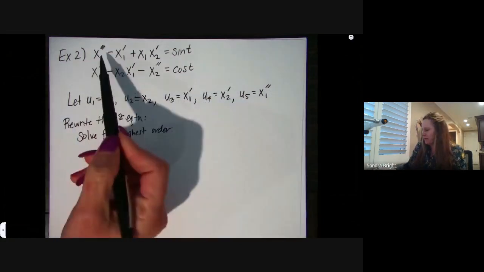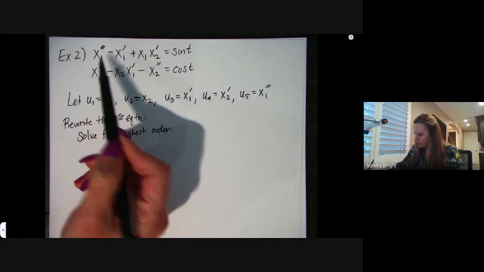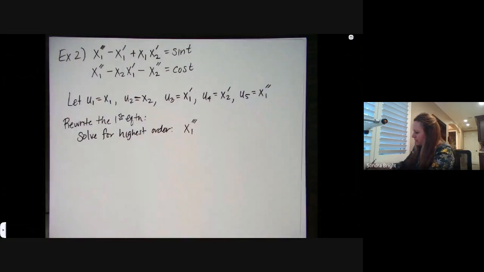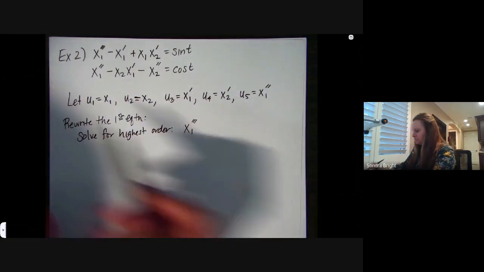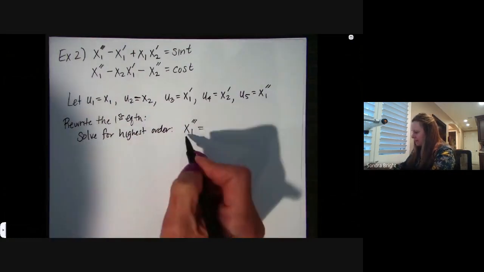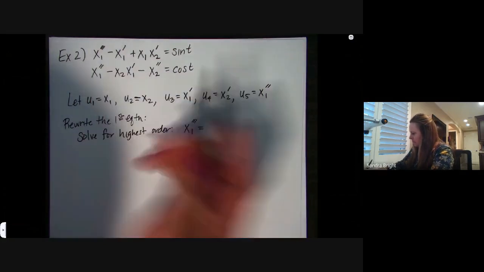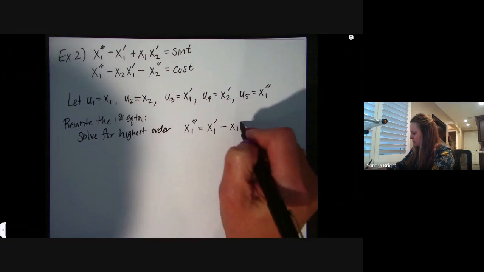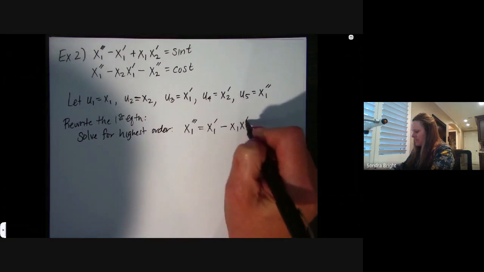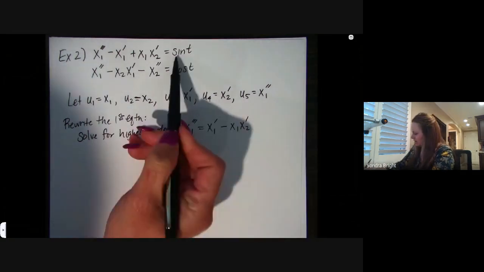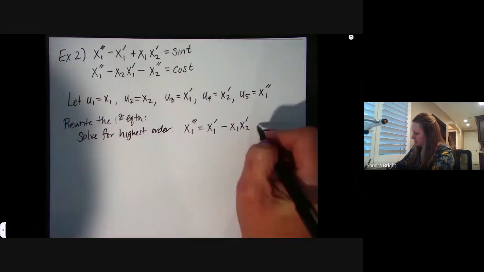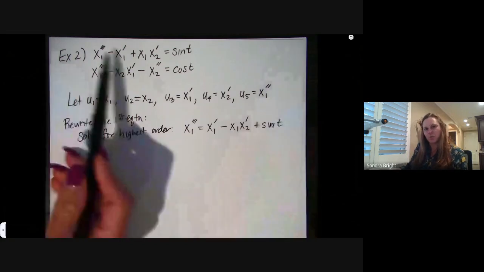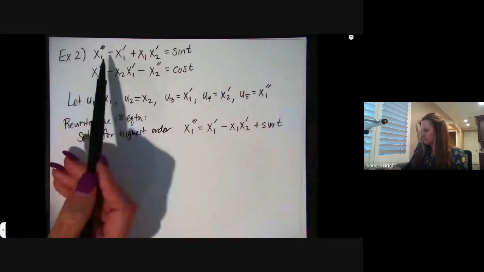So you've got the third derivative of x1, and that's what I want to isolate. So I'm going to add the x1 prime, I'm going to subtract the x1 x2 prime, and then I still have this sine of t on the right-hand side, and it was positive. So all I did on the first equation was isolate the highest order derivative: I added, subtracted, and then you still have that.